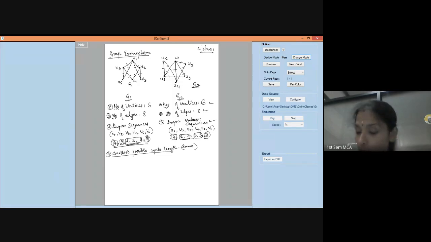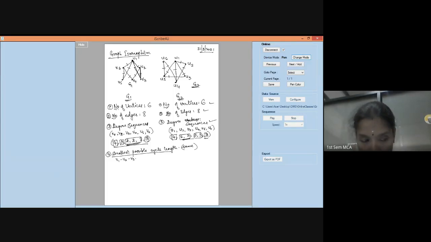All right. Now, let us look here. What are the possible cycles that we have in graph G1? Let us see. V1, V2, V3 is one cycle. You agree with me?